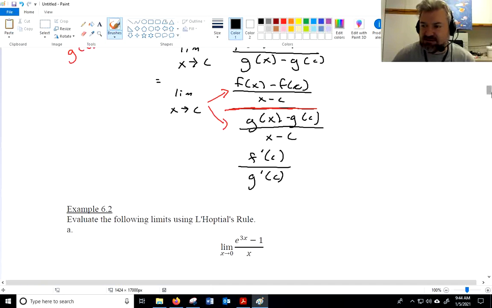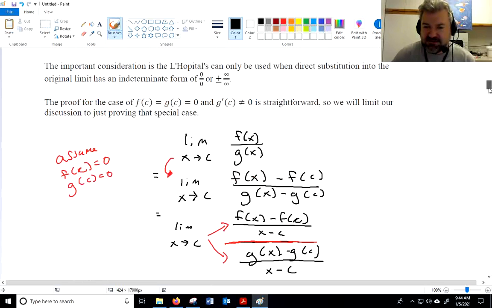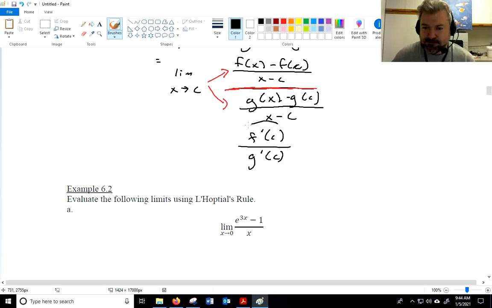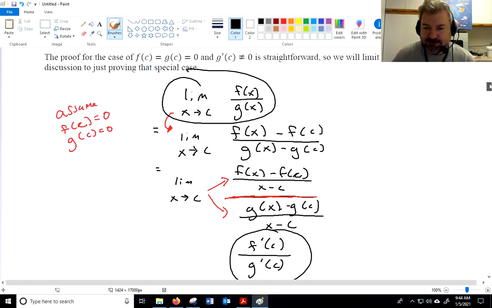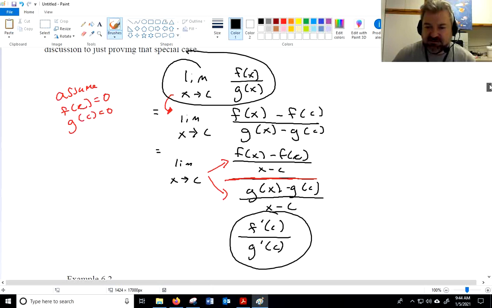So what we're saying here is that this limit is equal to that, provided that that exists. So we'll have to see what happens when that doesn't. But that's a special case there, and that's the idea of how it works, that relationship between the two.